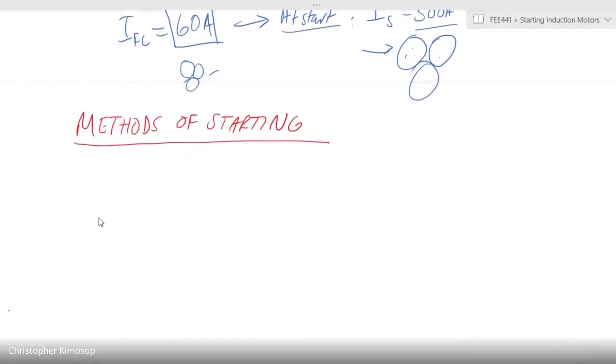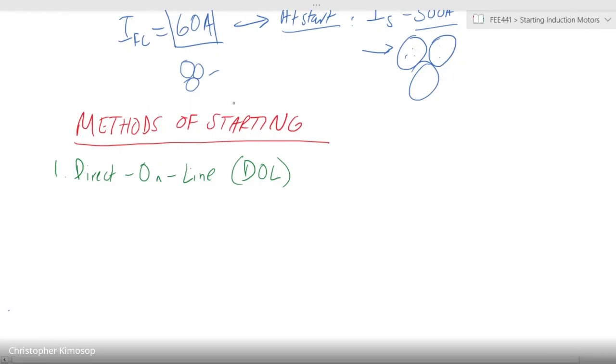So number 1, the first method we look at is direct on line. In industry, you will hear of DOL, right? You will talk of a DOL starter method, okay?